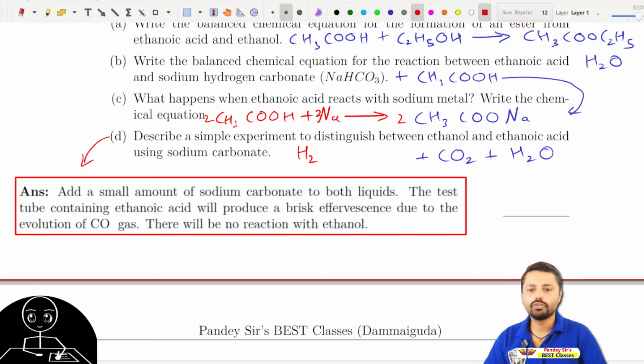Add a small amount of sodium carbonate to both liquids. The test tube containing ethanoic acid will produce a brisk effervescence due to evolution of CO2. There will be no reaction with ethanol because ethanol doesn't react with sodium carbonate. That's it. So by now you have all the details.